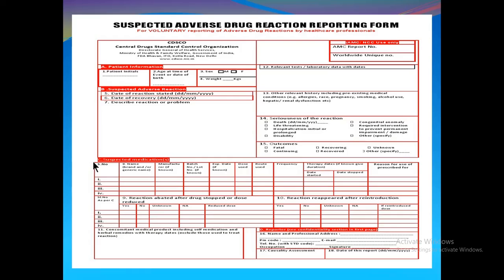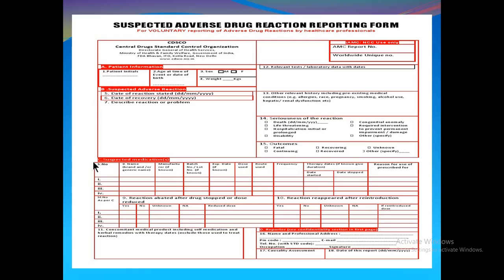In point 14, details about the seriousness of the reaction, like death, life-threatening, hospitalization, disability, congenital anomaly, etc. have to be filled. In point 15, outcomes of the suspected adverse drug reaction are filled up point-wise.